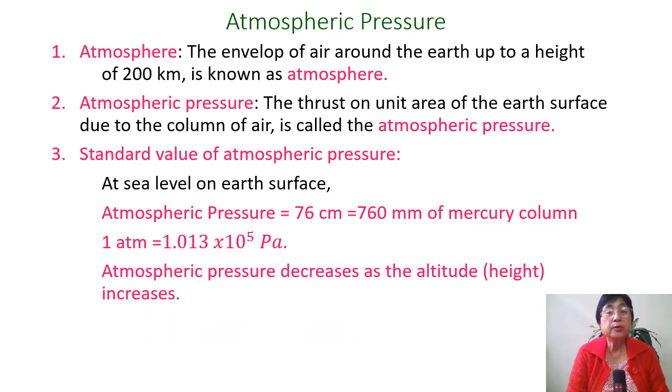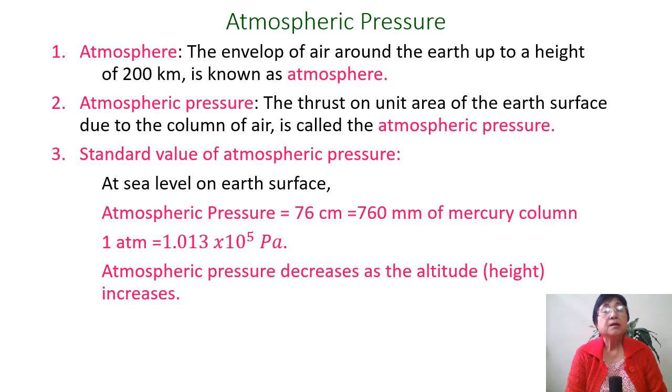Then we go to the next type of pressure, that is atmospheric pressure. We need to know what is atmosphere. The envelope of air around the earth up to a height of 200 kilometers is known as atmosphere.